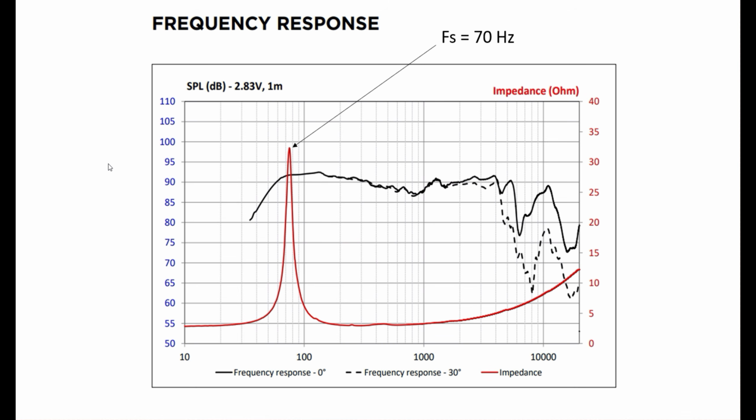Please correct me if somebody who is an electrical engineer can tell me whether I'm on the right track there or not. But it's something like that. That's why there's a big peak in the impedance curve. But this is the resonant frequency, where the speaker is moving very easily with very little force from the motor, because it's at that natural point where the suspension and the inertia are balanced out.